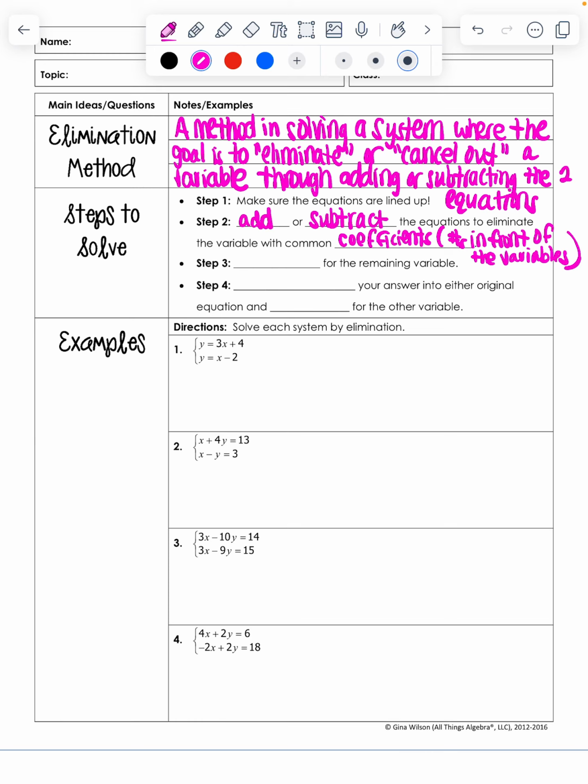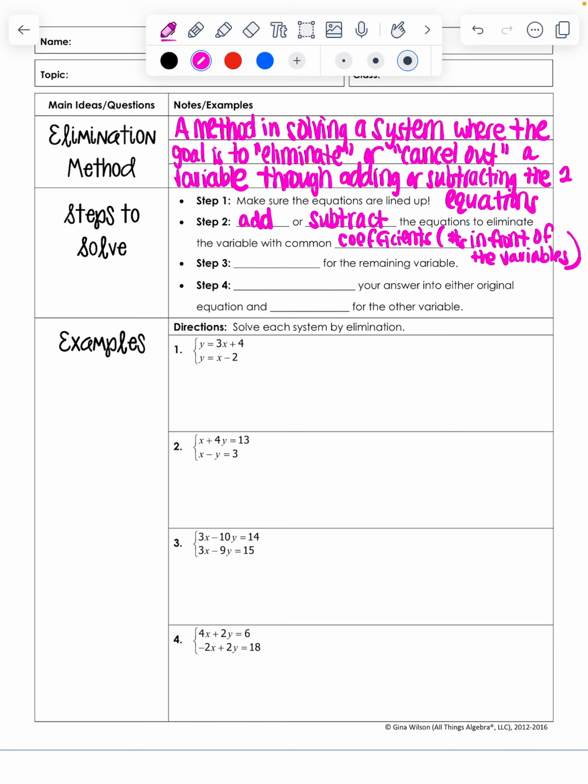So what we're doing here is we're trying to either add equations together or subtract equations. And the way that we do that is by deciding, do they have the same number in front of the variables? Do they have the same coefficients? Because you would subtract to cancel out the same number. Or are they opposite? In that case, you would add to cancel them out.